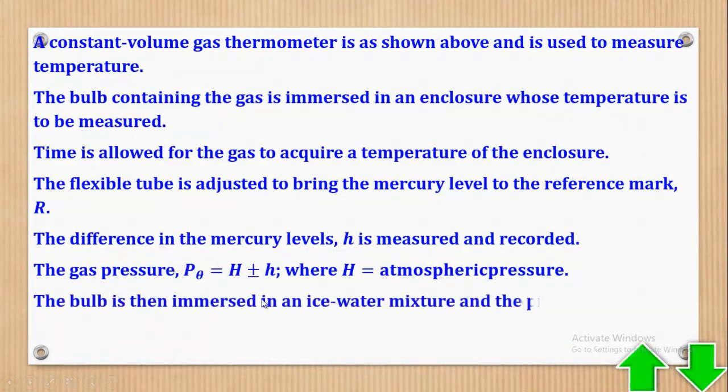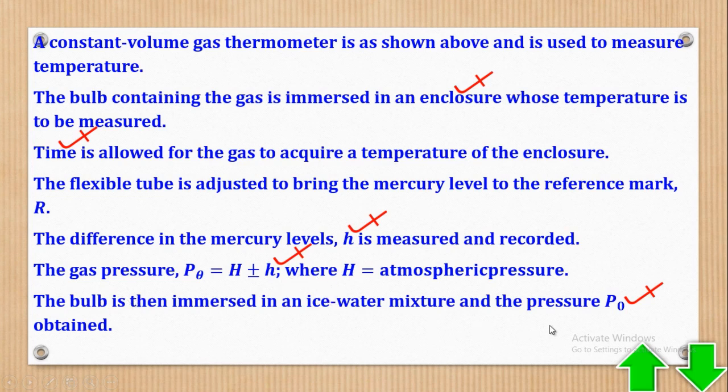Then the bulb is immersed in ice water mixture and the pressure P naught is obtained, still using this formula. Before we go to the next slide, let's see the marks for this slide. Half a mark for putting the bulb in an enclosure, half a mark for allowing it to acquire the temperature of the enclosure, half a mark for measuring the mercury level difference, half a mark for getting the gas pressure at that unknown temperature, and half a mark for the gas pressure at ice water mixture.